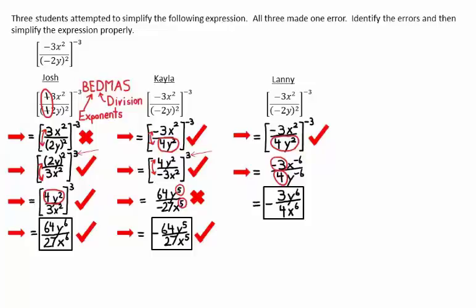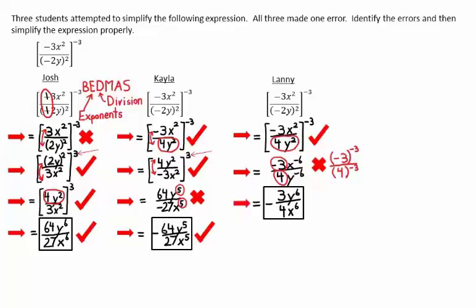He multiplied the exponents. That part is correct. What Lanny did not do is raise the negative 3 and the 4 to the power. We have to go negative 3 to the negative 3 and 4 to the negative 3. Therefore, Lanny's mistake was made in this second step.